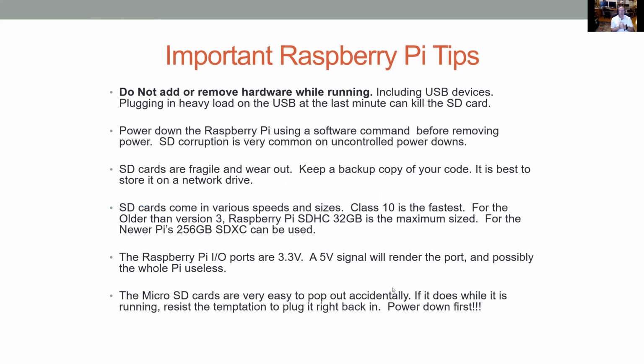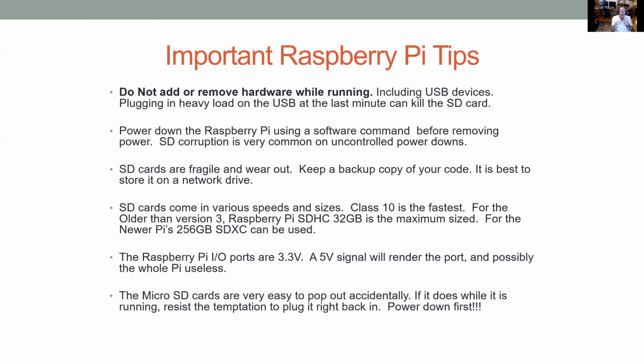Now let's start looking at our Raspberry Pi. Some really, really important tips. Don't add or remove hardware while running, including heavy loaded USB devices. This can kill your SD card. I have unfortunately killed enough SD cards to know that.